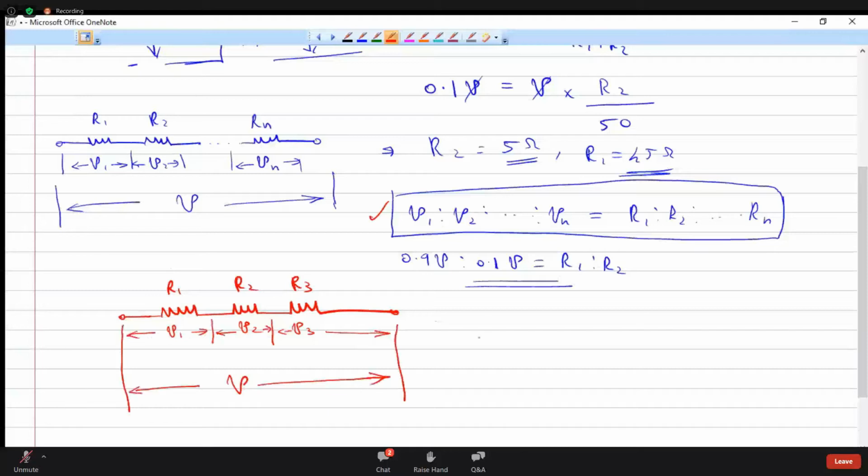So we can write the equation like V1 is to V2 is to V3 is to V is equal to R1 is to R2 is to R3 is to R1 plus R2 plus R3. That is how the voltage is going to get divided across these resistors.